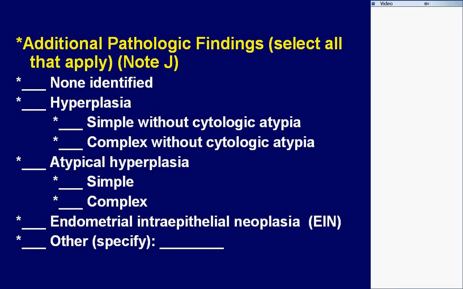Additional pathologic findings is the next category. This is an optional criterion. You may wish to include this in your synoptic report. We do. There's even a category for the endometrial hyperplasia neoplasia terminology, and those of you who are comfortable with it can certainly use it.